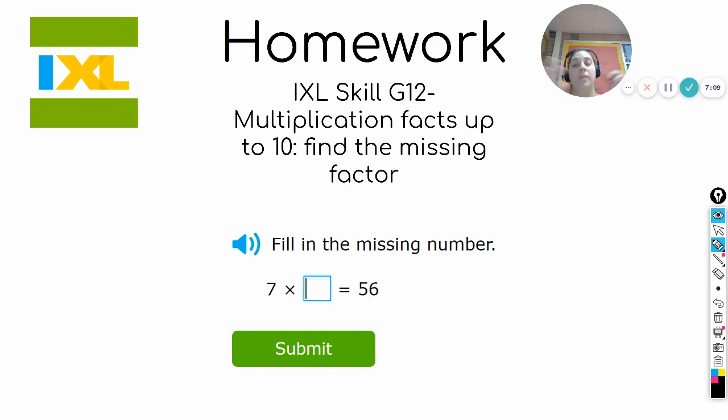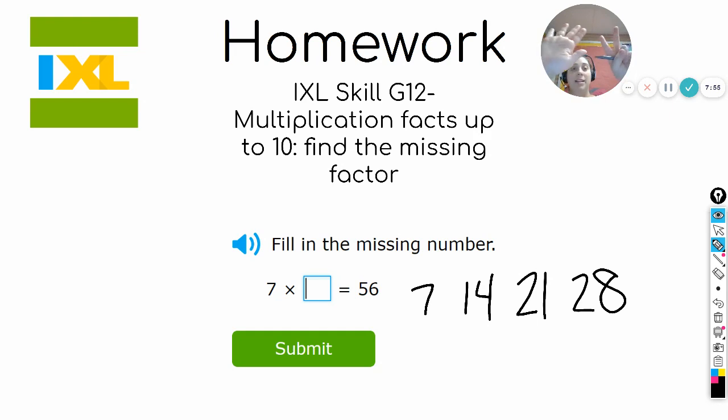So how that might look is I might use my whiteboard. Even though I'm doing IXL, it's still great to use your whiteboard to write your answers down and to figure them out before you start putting it in on the computer. So 7. Now, we might not be that great at counting by 7s, might still have to use your fingers. 8, 9, 10, 11, 12, 13, 14, 21, 28.